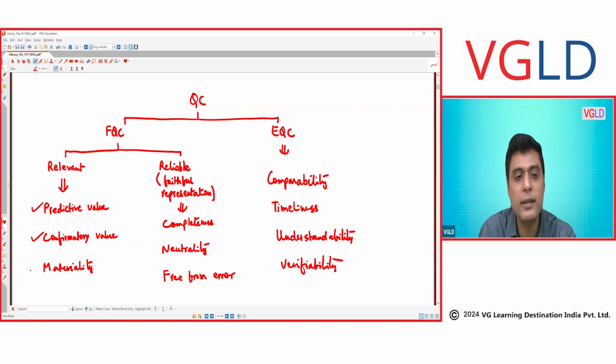Materiality means any piece of information that can have an influence on the decisions of the users is material. Users are divided into two parts: primary users and secondary users.